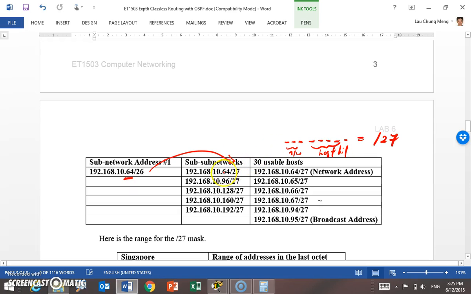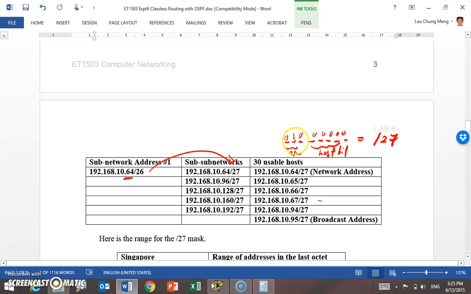Remember, .0 you cannot use, it had been used by Perth, so we start from .64. Your first network is .64, which is 01000000. What's the next network that you can use?